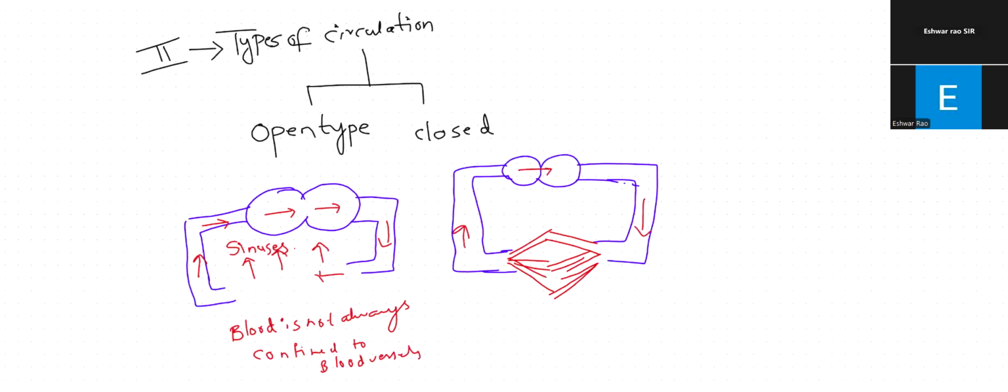For the first time, we see the closed type of circulation in phylum Annelida.